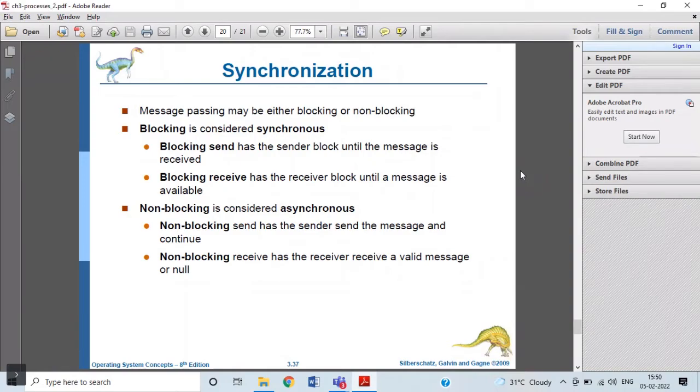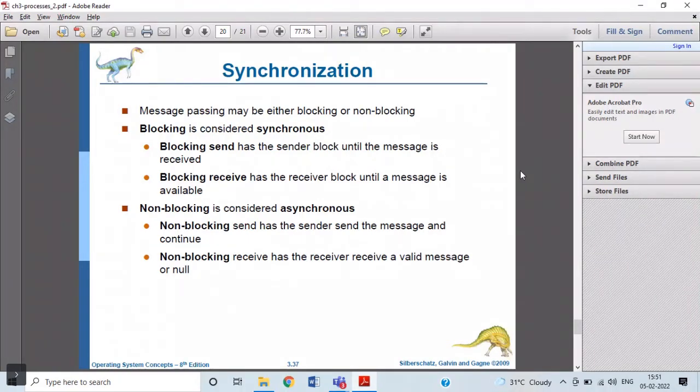That is called synchronous. After getting the acknowledgement only, it will send the second message to the receiver.